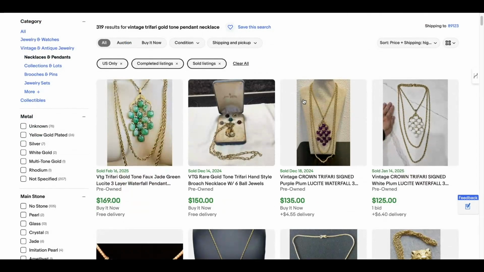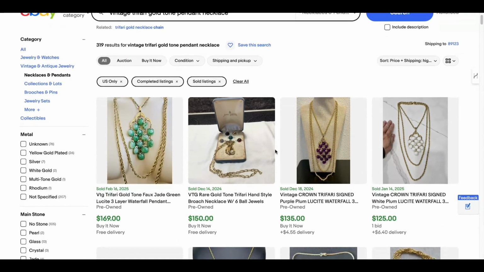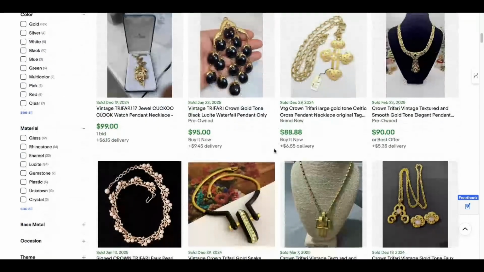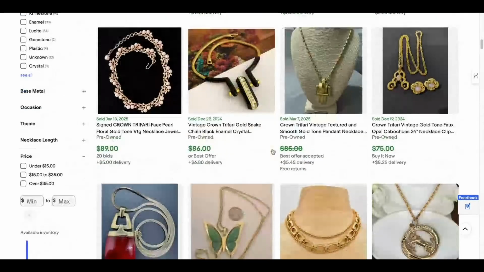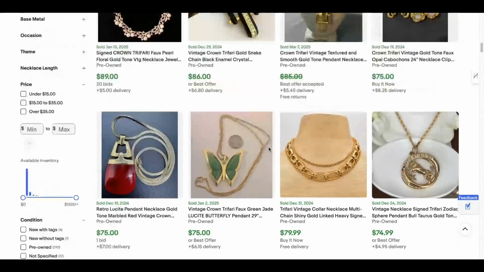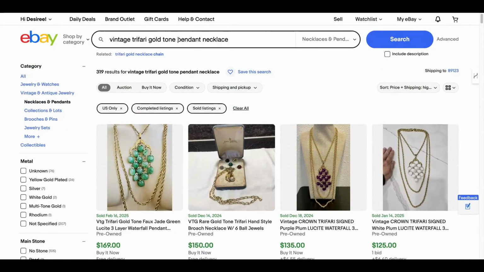So now that we have this filter down, we can scroll these photos and see if any of these pieces look like ours. You can do that for all 300 listings, or you can go back and add in some more keywords here, so that your results will be filtered down even more.